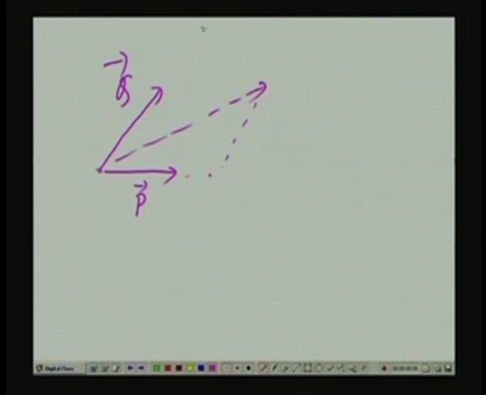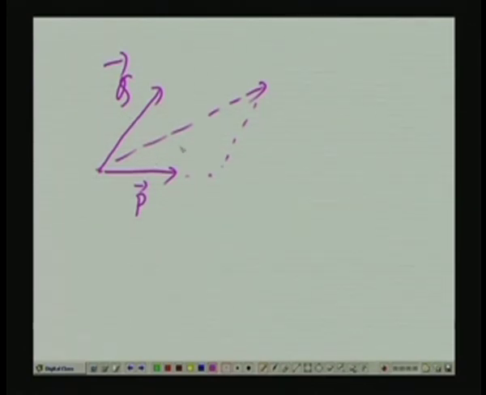Okay, so every point of this space is a linear combination of p and q. P and q are linearly independent, because q cannot be expressed in terms of p, this is pointing in this direction, this is pointing in this direction. Similarly, p cannot be described in terms of q, we say they are linearly independent.